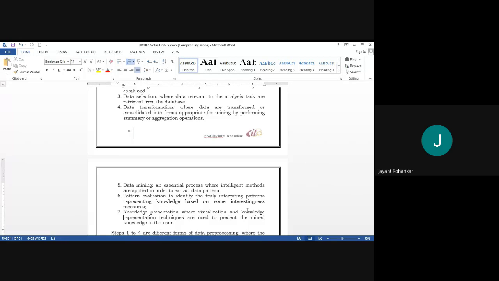Seventh step is very important because we have to visualize or present whatever data we have taken in the form of, suppose, graph, pie chart, or such type of visualization, to present whatever results we have collected to the users.